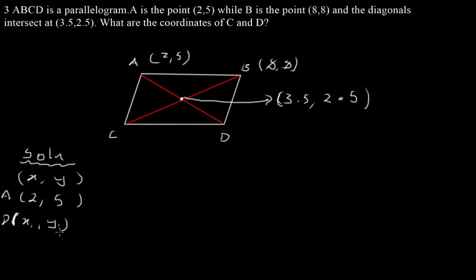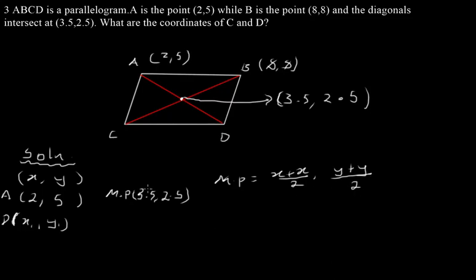And what else are we given? We're given the midpoint. The midpoint in this case is 3.5, 2.5. And we can work out from there. So the midpoint equals x plus x over 2, y plus y over 2.